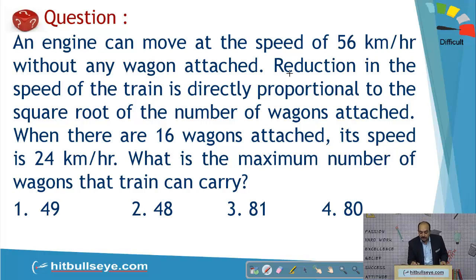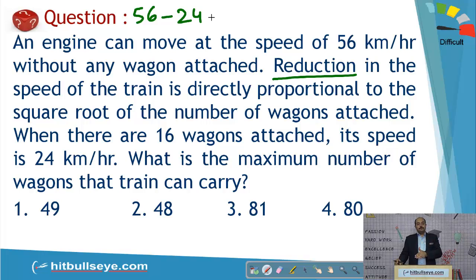Now, reduction in the speed is directly proportional to the square root of the wagons attached, which means the reduction in the speed would be 56 minus 24. This reduction is directly proportional to, or we can directly write the constant of proportionality, equal to k, times the square root of the number of wagons attached.